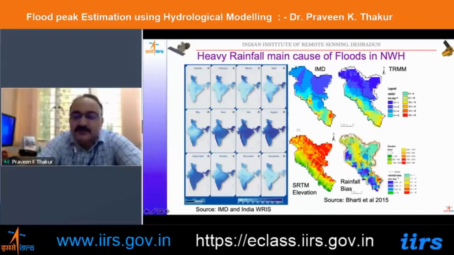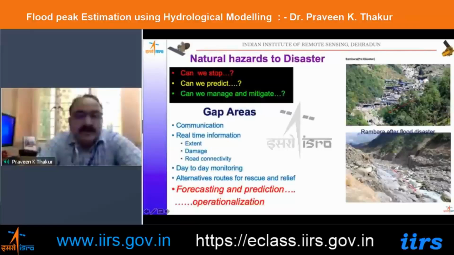If we know that many areas are prone to flooding, but knowingly construct our homes or some commercial activities in the path of the river or very near to the river, these natural hazards, because floods are natural phenomena, can easily turn into a disaster. The same thing is happening in many parts of the world where people have settled because in the last 100 years they have not seen any flooding in these rivers.